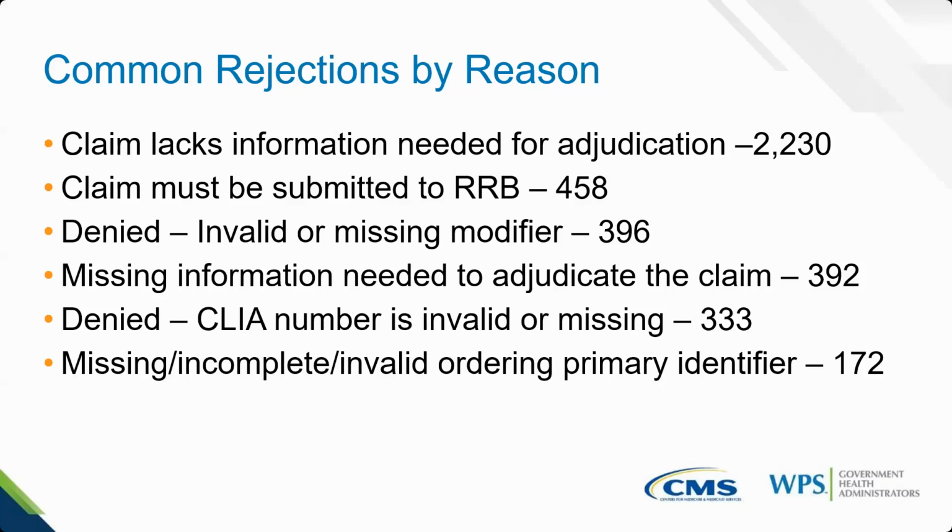So then you'll know that you need to submit that claim to Palmetto GBA and not WPS. Now, of course, you can use other tools that I'm going to talk about later in this presentation to determine eligibility for your patients. The next common rejection is invalid or missing modifier.